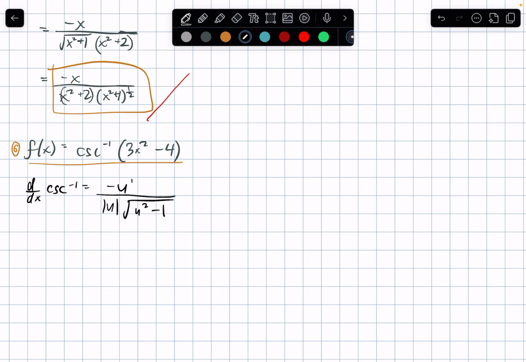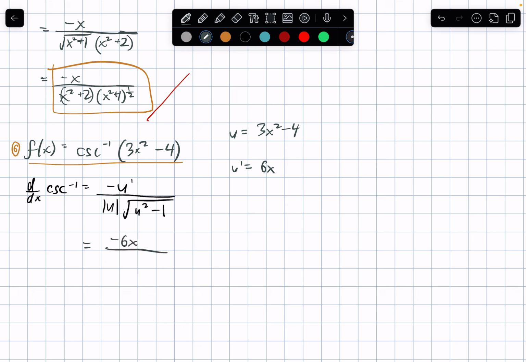Okay, so we identify u first. U is equal to 3x squared minus 4. U prime is going to be the derivative of it, so it's going to be 6x. That's it. Easy.